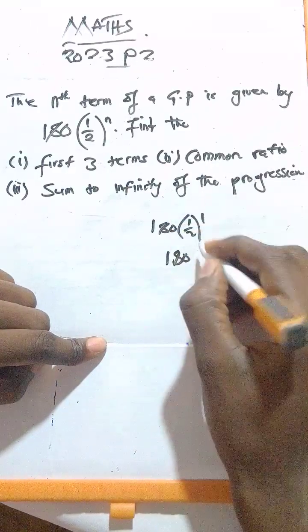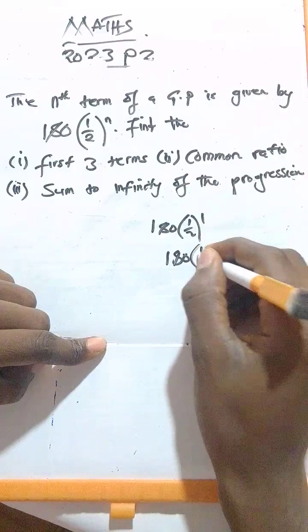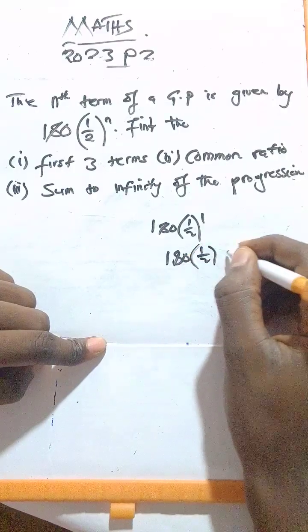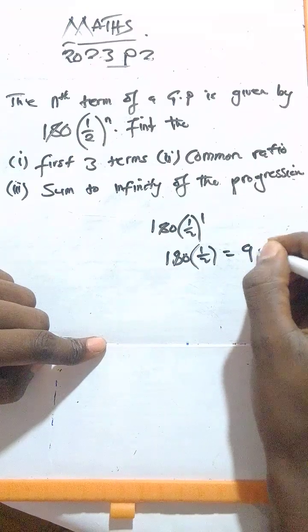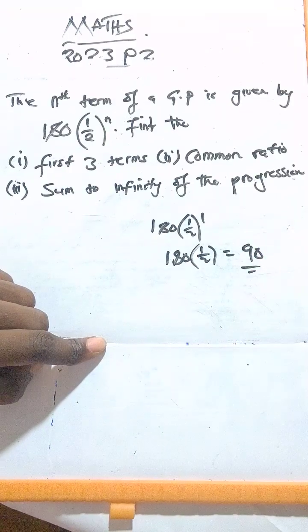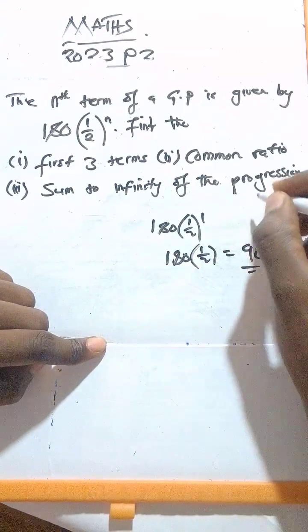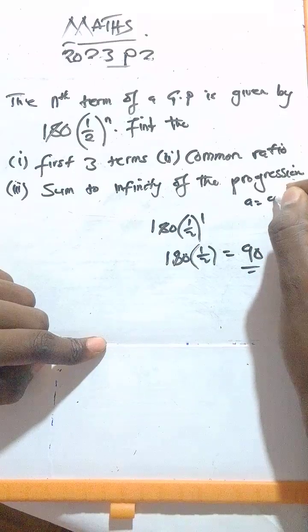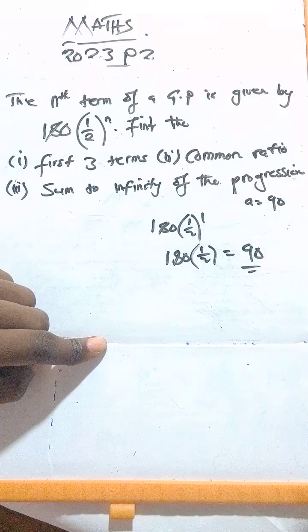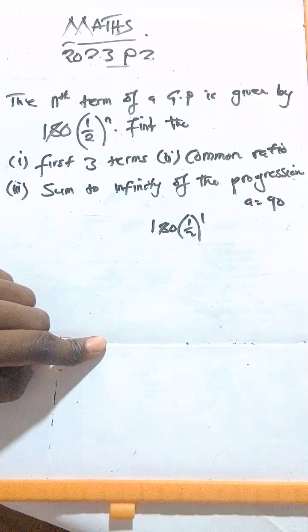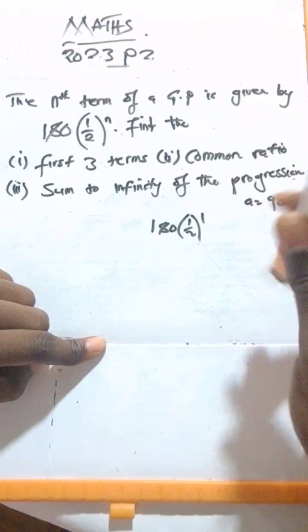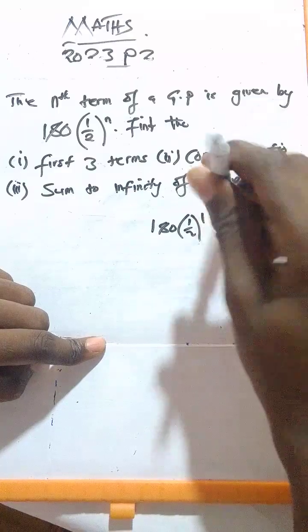So we are going to get half of 180, which gives us 90. So this is our first term. So first term, we have 90 there. To find the second term, we are going to replace n again with 2.